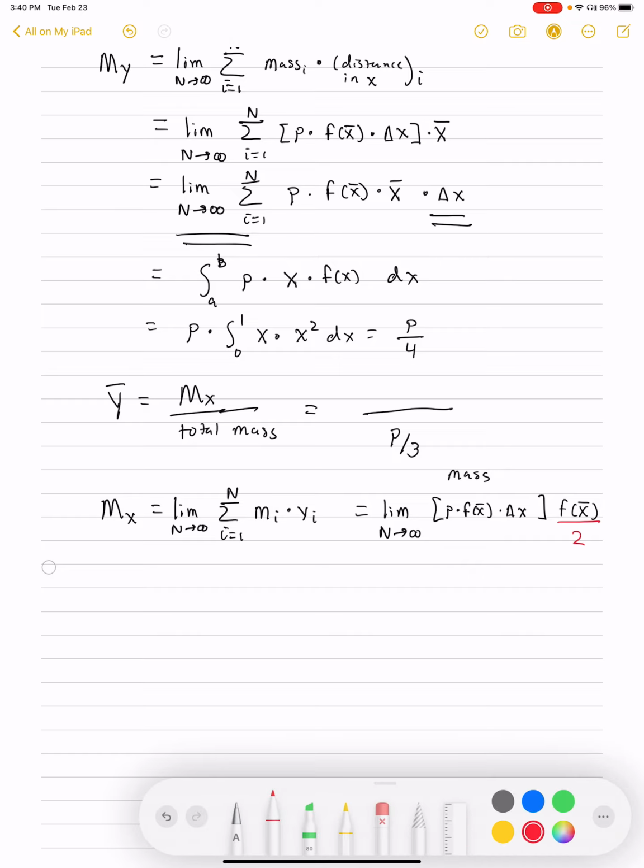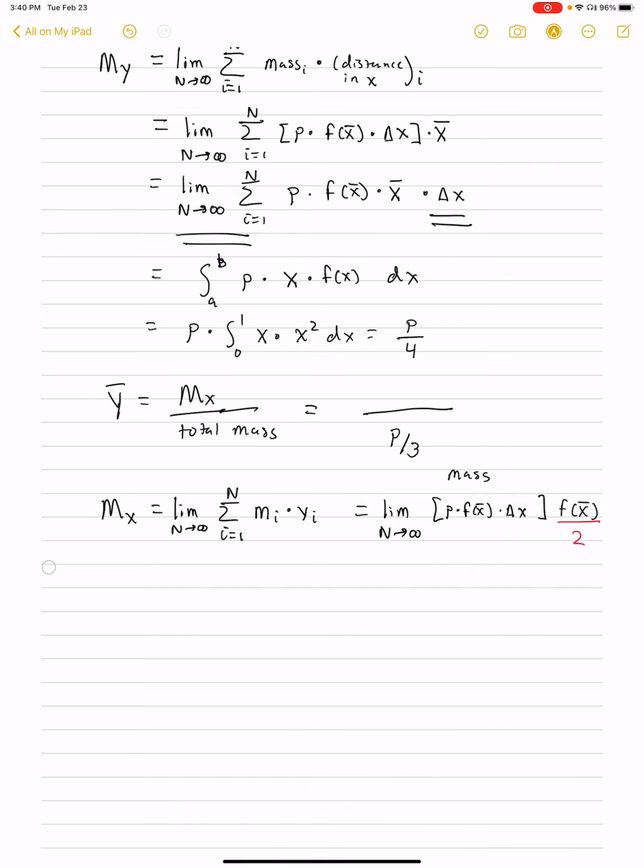Now I have three ingredients here. So let me rewrite this one more time. And I apologize, I forgot the sum there as well. And so this is going to be rho over 2 times f of x bar squared multiplied by delta x.